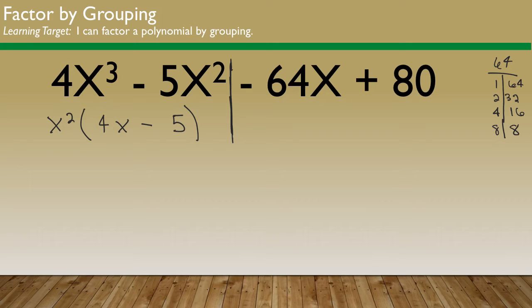So that's all the factors of 64. So now, which one of these is also a factor of 80? It's not 64, it's not 32. 16 is actually a factor of 80.